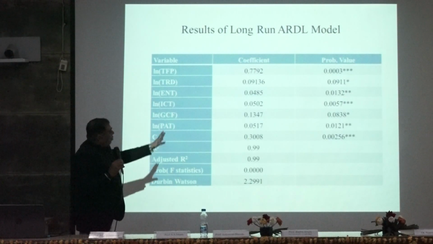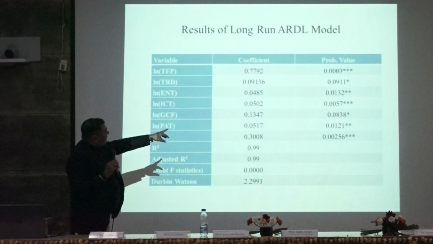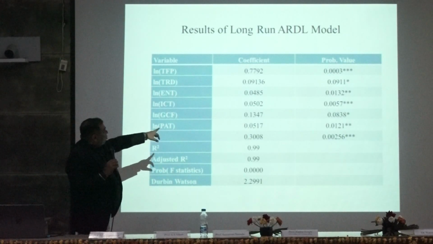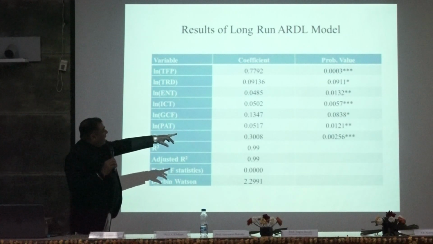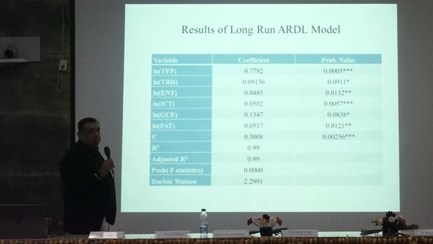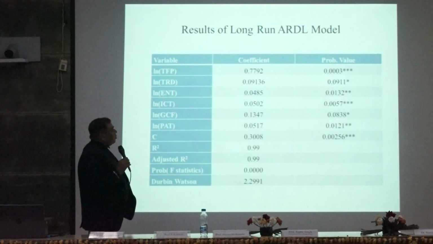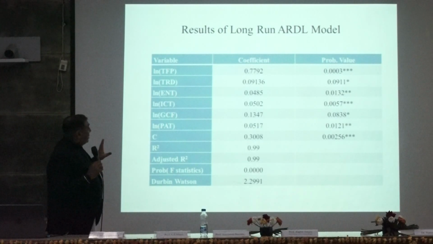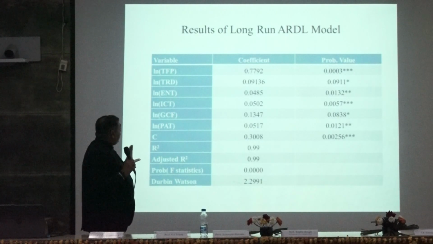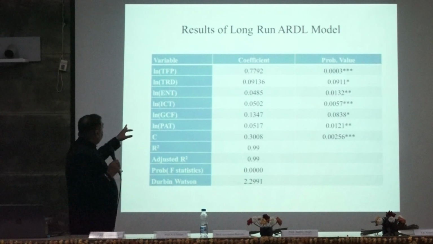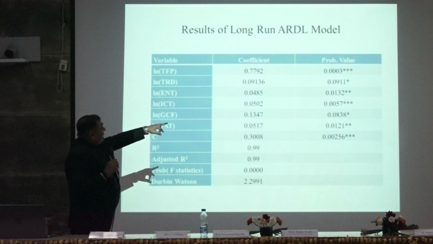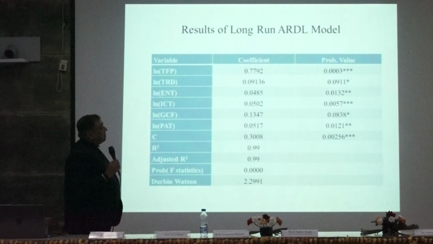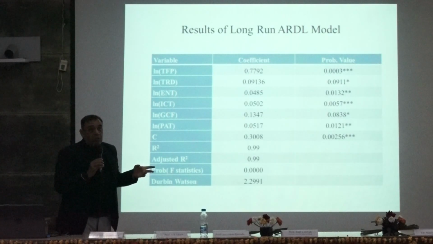Looking at the coefficients, gross capital formation is significant at the 10% level, contributing positively toward total factor productivity. Entrepreneurial activities also have a positive impact and are significant at the 5% level. ICT is significant at around the 1% level.